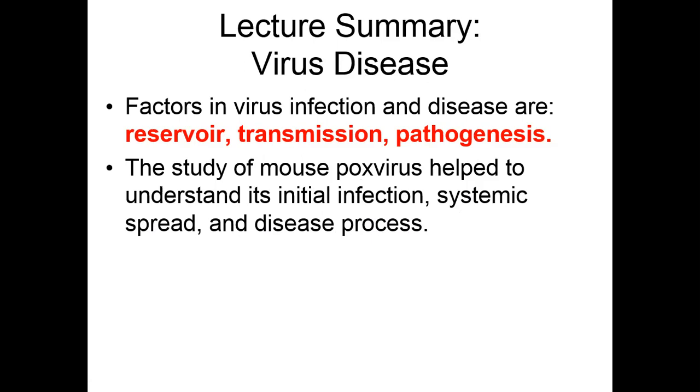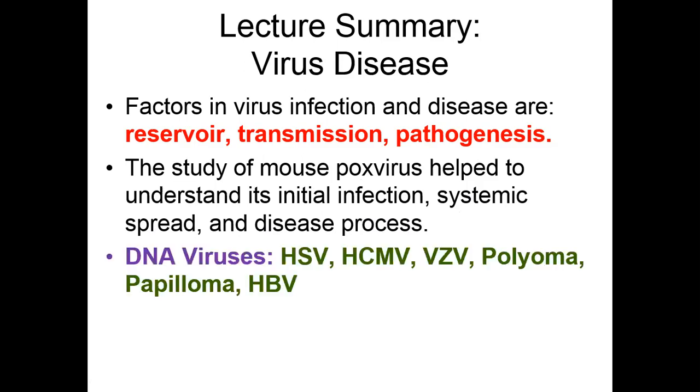Primary viremia and secondary viremia. There are DNA viruses such as HSV, herpes simplex virus, HCMV, human cytomegalovirus, VZV, varicella zoster virus, polyoma, papilloma, and hepatitis B virus, or HBV.